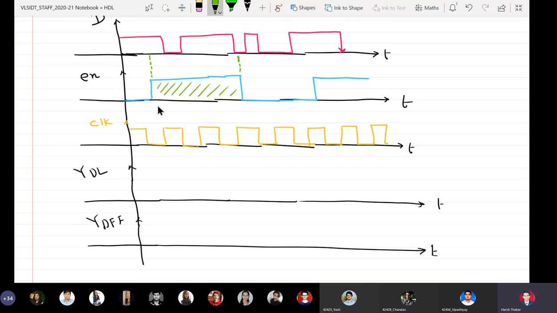So D latch will transmit all the changes between these two points to the output, and apart from that it will not transmit. Okay, is it clear? So from this point to this point, whatever are the changes in input, they will be transmitted, and after that will not be transmitted. Okay, so again the response window will start here.